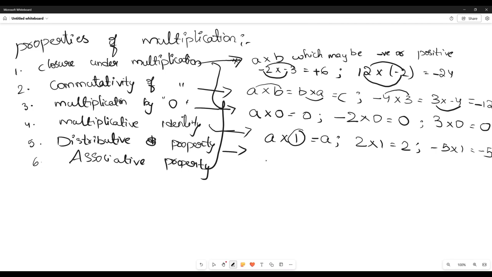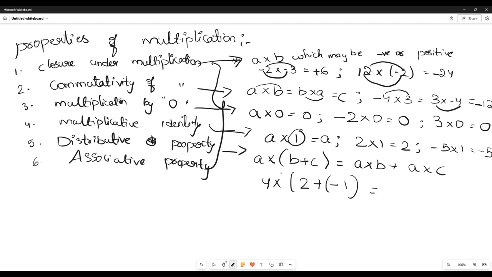Next, distributive property. Distributive property means A into B plus C equals A into B plus A into C. I'll show you with an example. Like 4 into 2 plus minus 1.